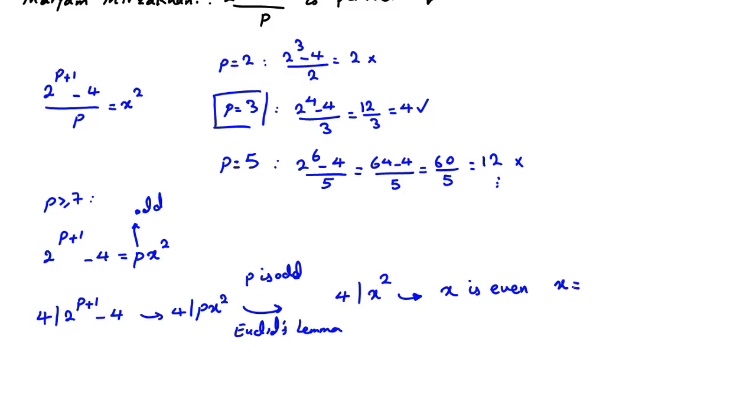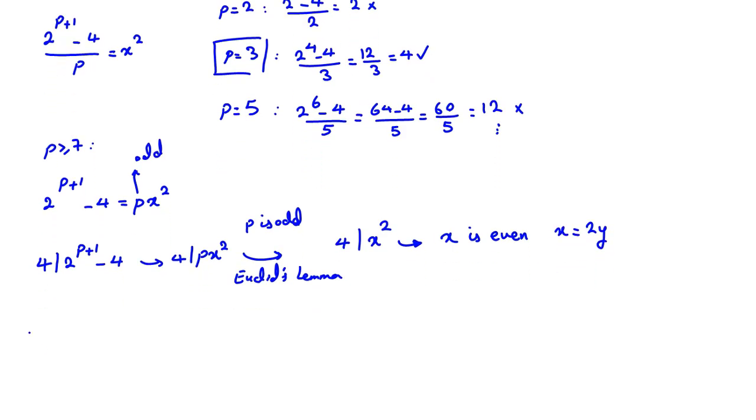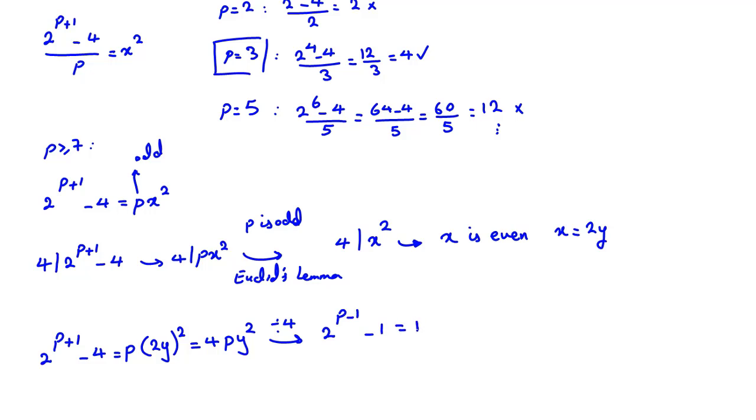Let's say x is 2y. So let's rewrite it: 2^(p+1) - 4 equals p times (2y) squared, instead of x I replace it with 2y. It is 4py squared. If we divide both sides by 4, then it will be 2^(p-1) - 1 = py squared.